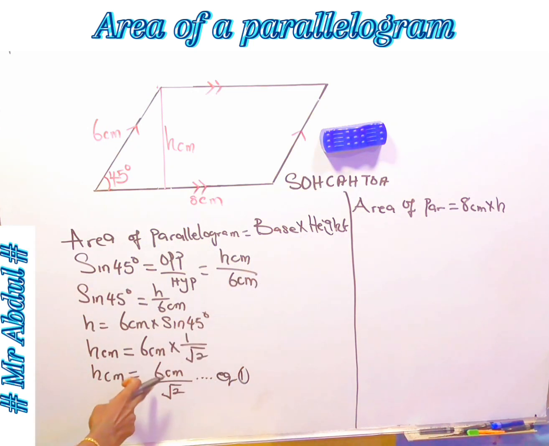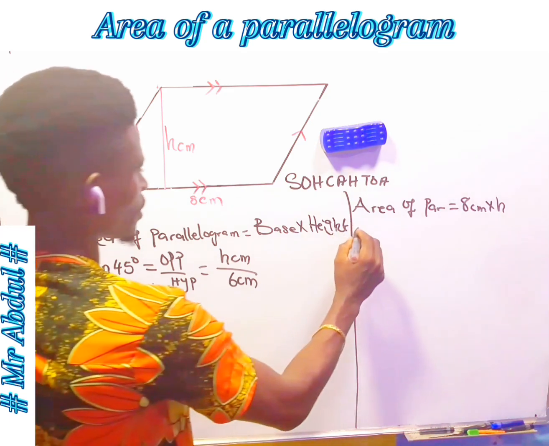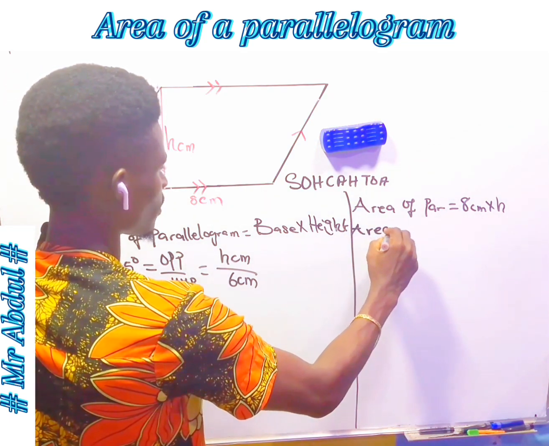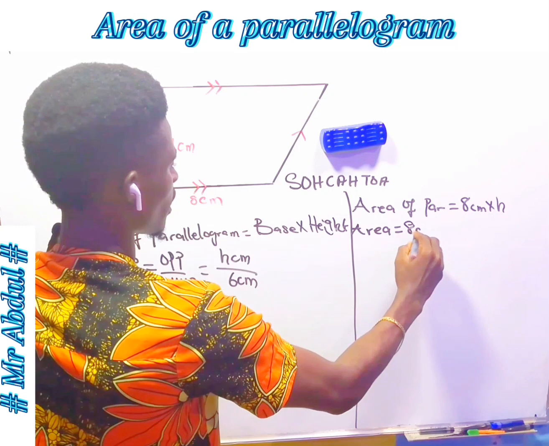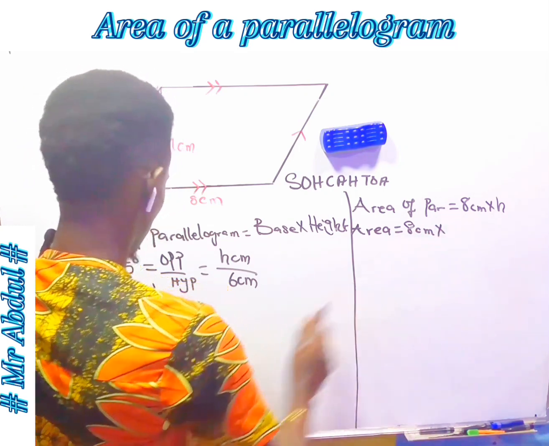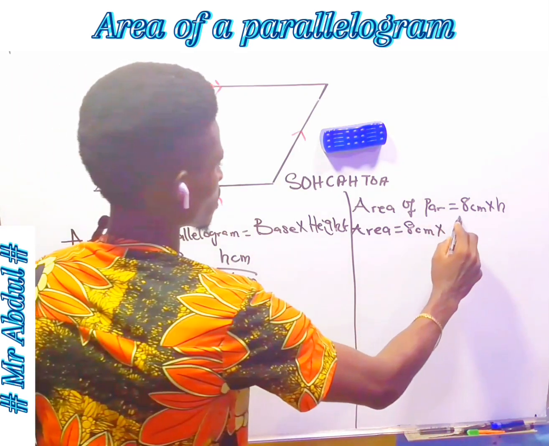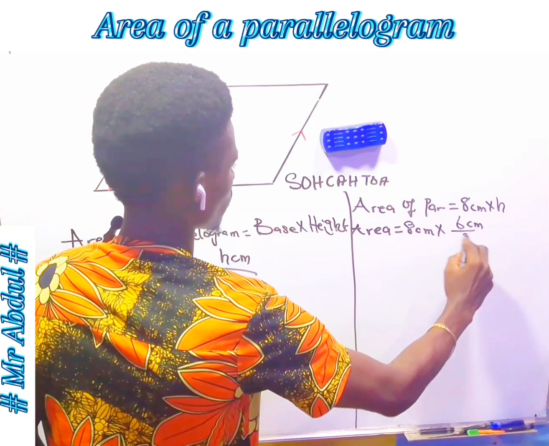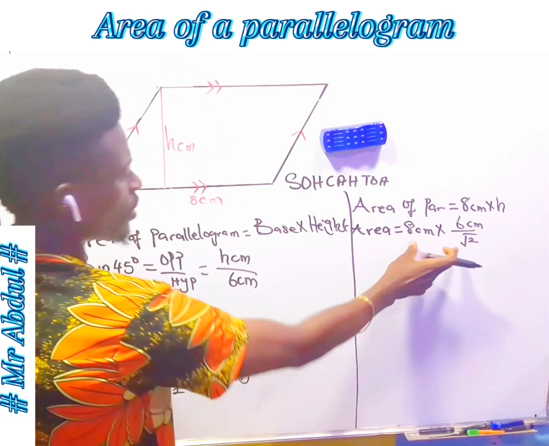And what is our height? Our height is 6 centimeter over root 2 from equation 1. So our area will now be equal to 8 cm times 6 cm over root 2.